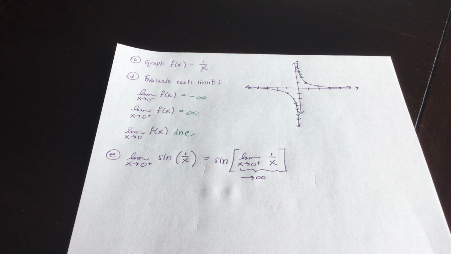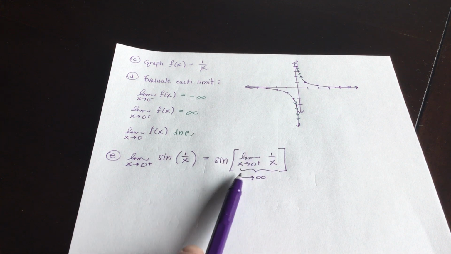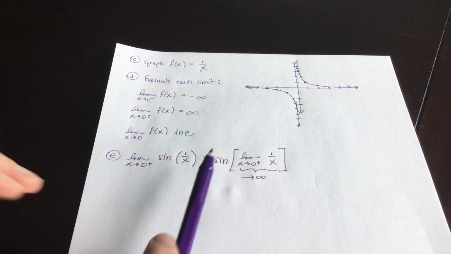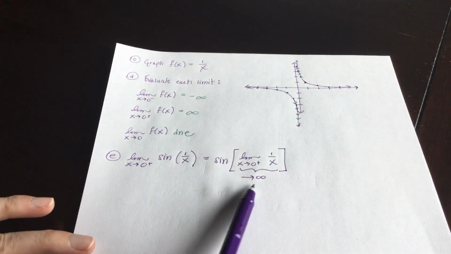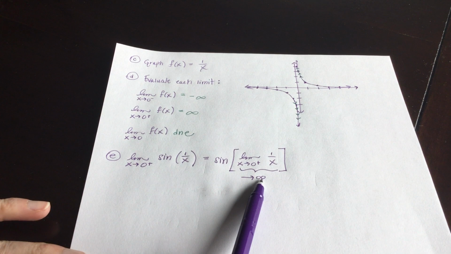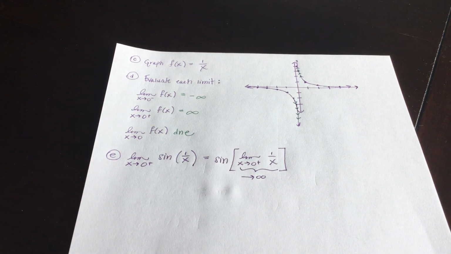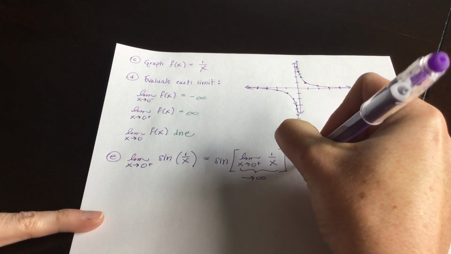And so because of that, we would say that this limit does not exist, because this inside piece approaches infinity and the sine wave would just keep oscillating between 1 and -1 as its angle approaches infinity. It doesn't settle down and become anything in particular. So we would say that this limit does not exist.